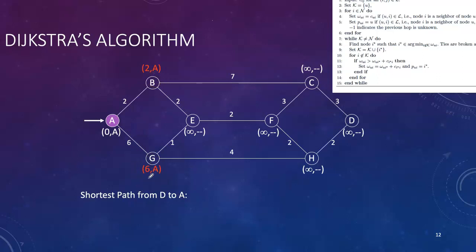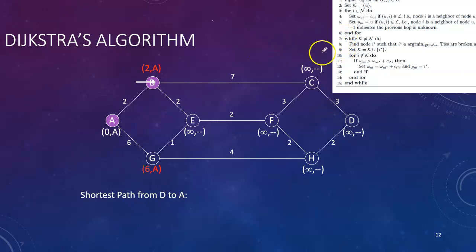And clearly the previous hop nodes for B and G are A itself. The other costs are all infinity. So we start the iterative steps.